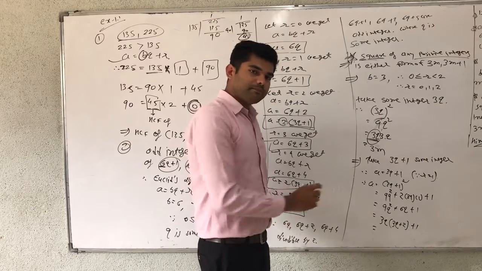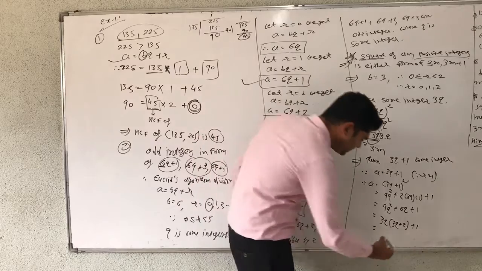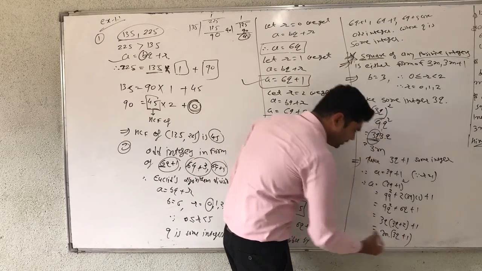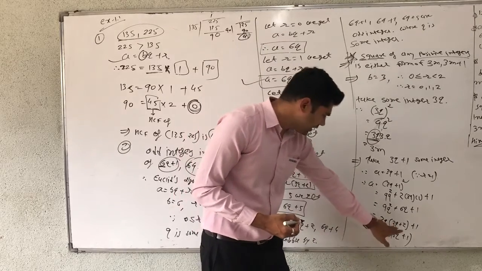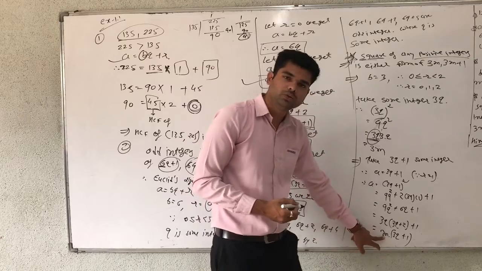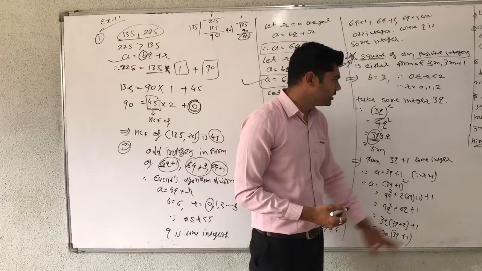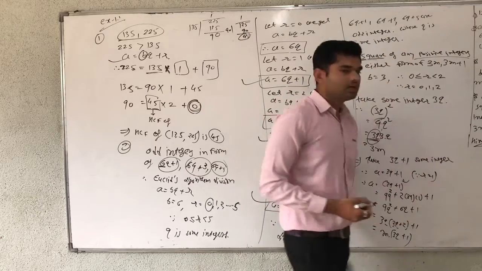Now take the value of m. Therefore m is 3q into 3q plus 1. 3q plus 1 is some integer, and we take the value of 3q plus 1 into m. So the remaining part is m into 3q plus 1. So we proved that the second term's answer is 3m plus 1.